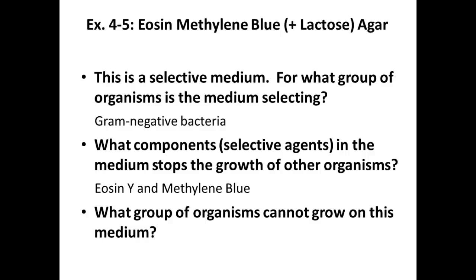So what group of organisms cannot grow? Gram positives. And again, it probably has to do with the fact that they just have the one membrane, and these dyes are able to get in through it and kill them, where the gram-negatives have the two membranes, and it probably helps protect them from the penetration of these dyes inward to kill them.